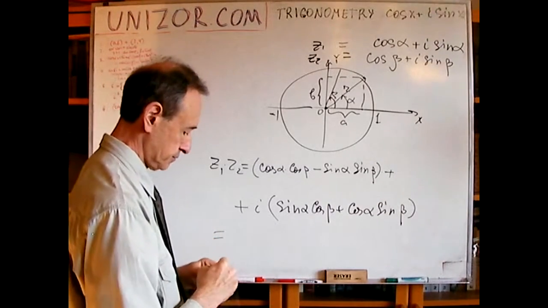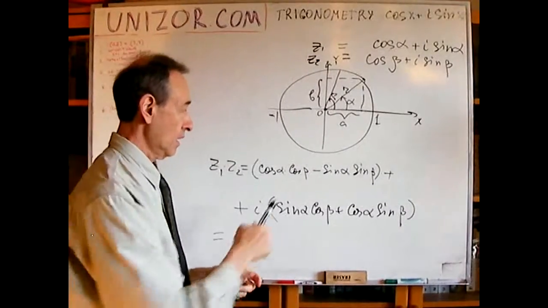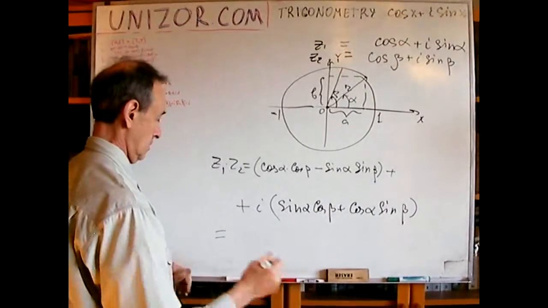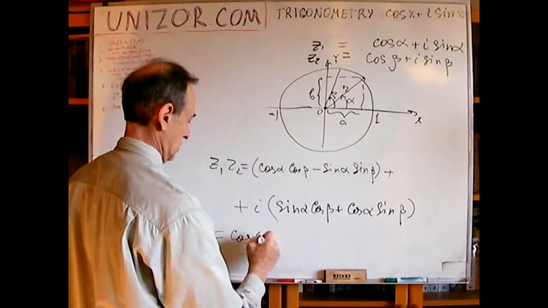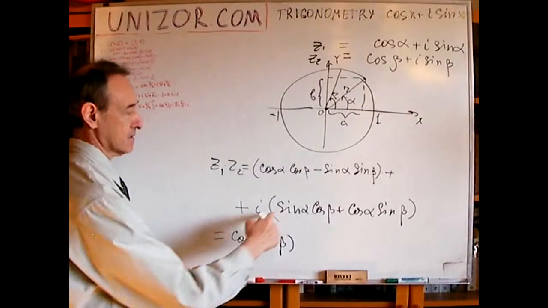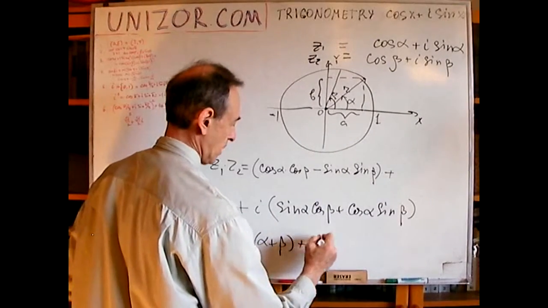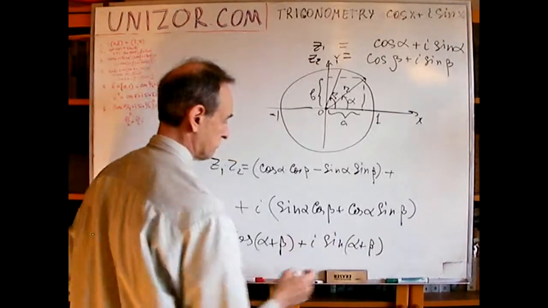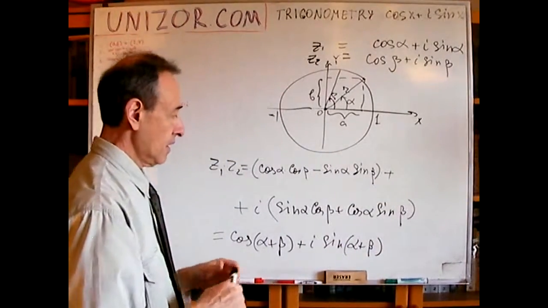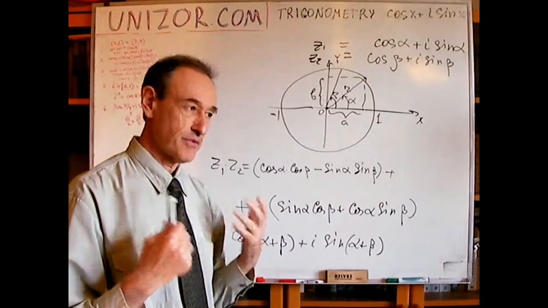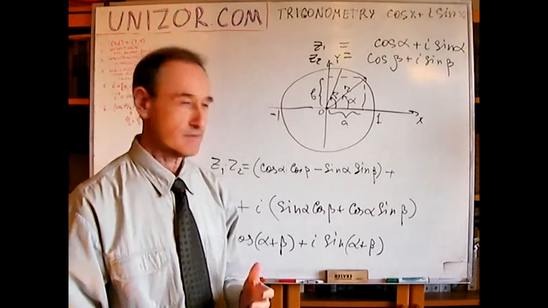Well, what is this? You should really recognize this formula. It's the cosine of alpha plus beta. And this formula is the sine of alpha plus beta. So this is, again, one of the very, very beautiful parts of this theory.